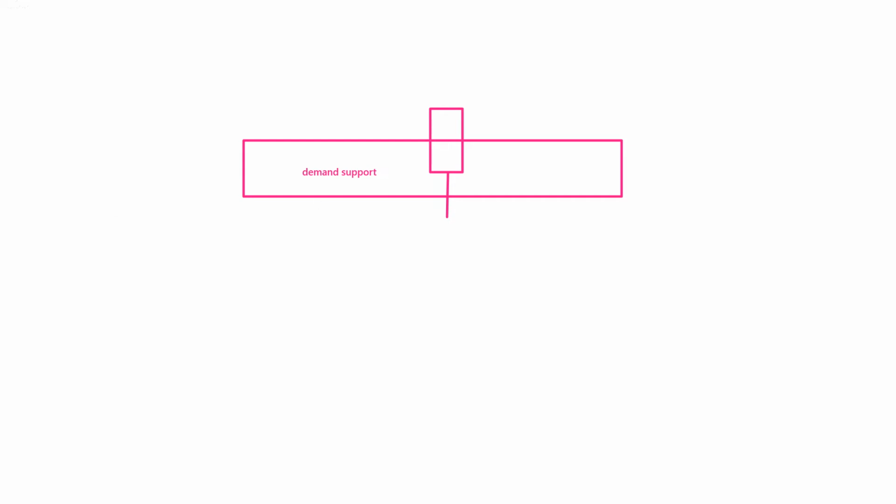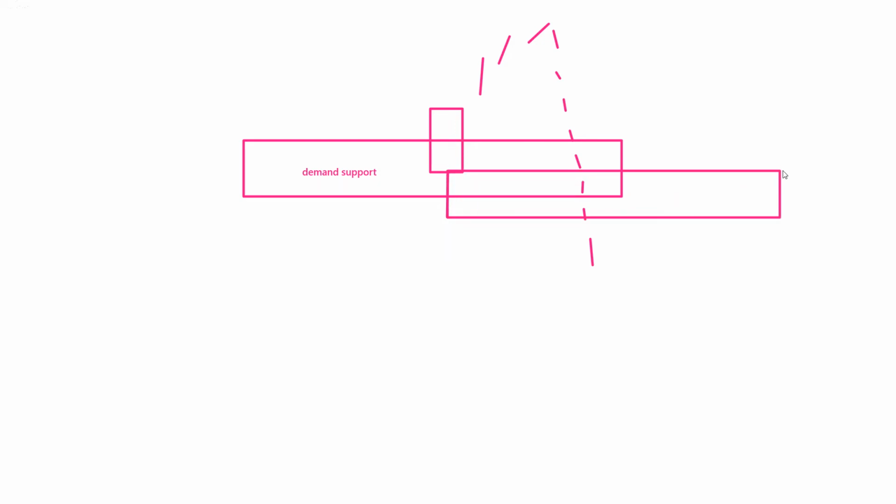Then we have some kind of rally, then the market is going down, breaking and closing below. Now the low of that powerful candle and the open of that powerful candle, it's our supply, resistance, right?